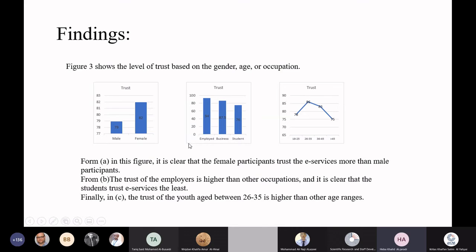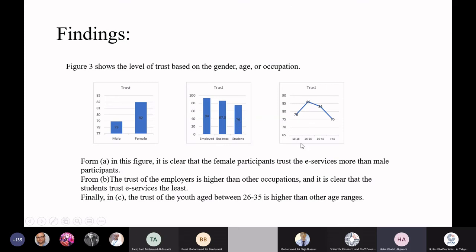Now, according to their occupation, the employed trust e-services more, by 94%. The business owners 87.5%, and then the students we see that they are less. They trust e-services less, 76%.